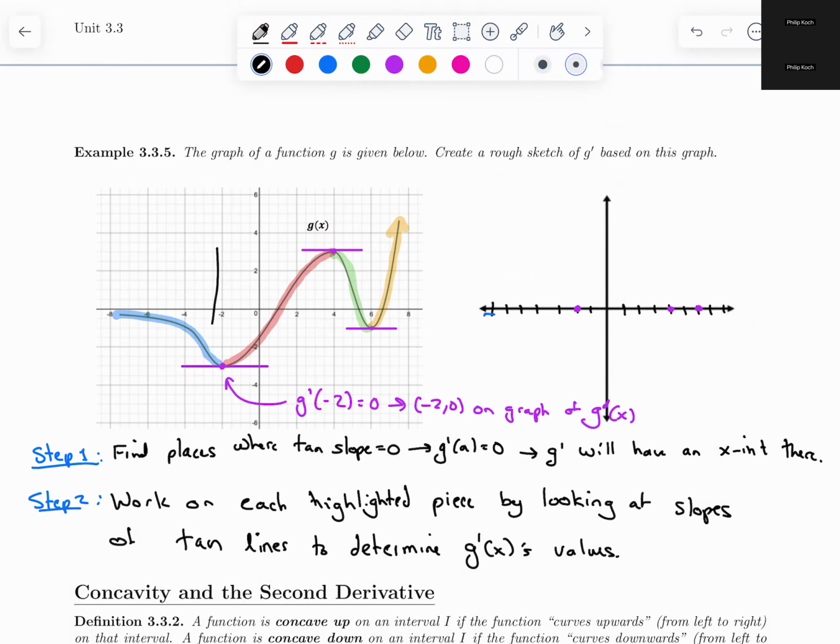At x equals approximately -3, g prime is the most negative it will be on that segment. Most negative it will be on negative infinity to -2.